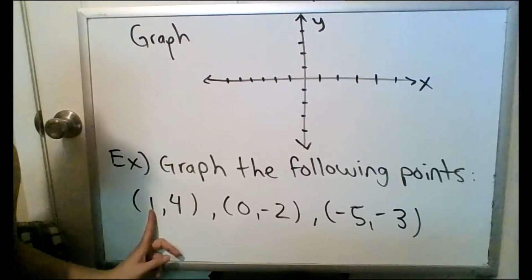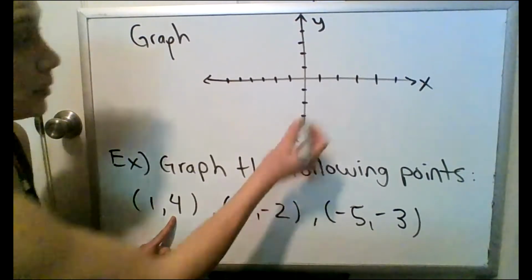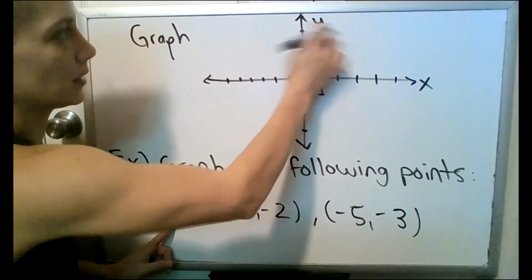And we're going 1 for x, and then up 4 for y. So over 1, 1, 2, 3, 4, it's right about.